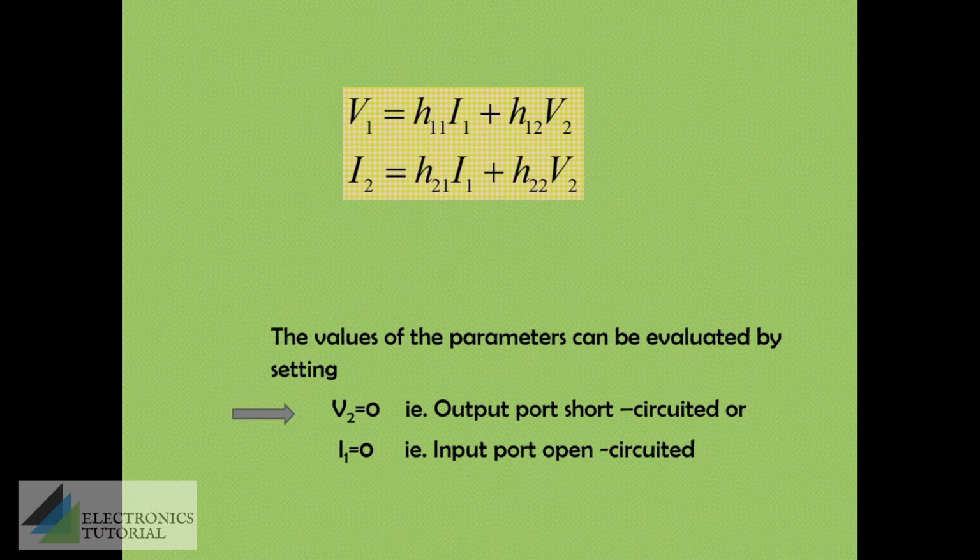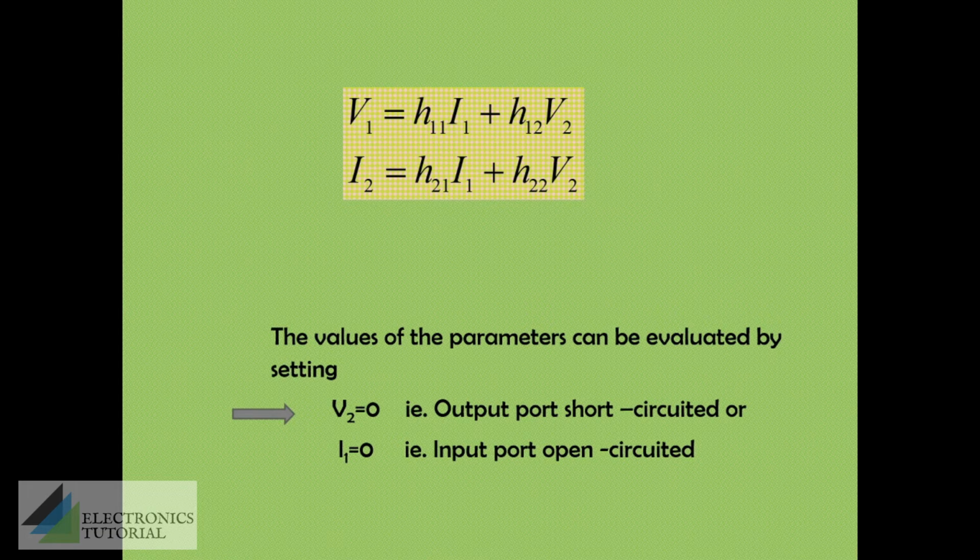First, we will consider the condition of short circuiting the output port. We now know when a port is short circuited, the potential difference across that point should be considered as 0. So, V2 will become 0.